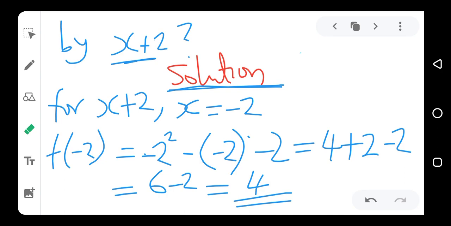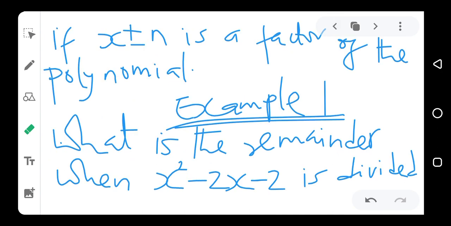So we now put x equals minus 2 into the polynomial. We have minus 2 raised to power 2, minus 2, minus 2, and that gives us 4 plus 2 minus 2, that is 6 minus 2, and that is 4. That means that 4 is the remainder when we divide this polynomial by this term.